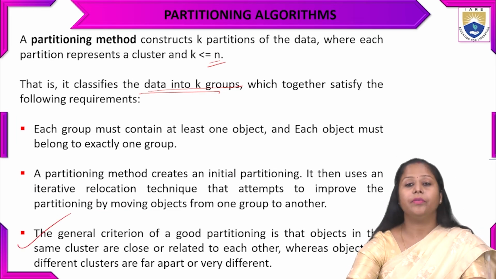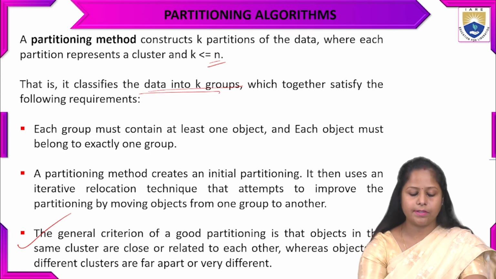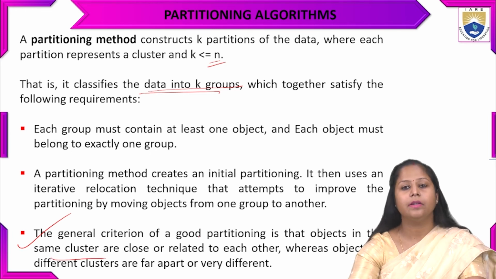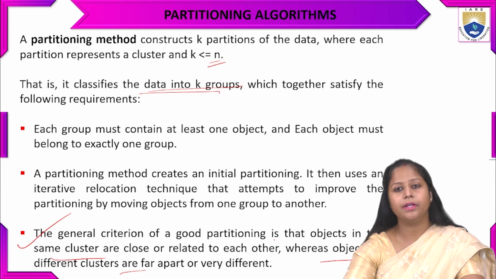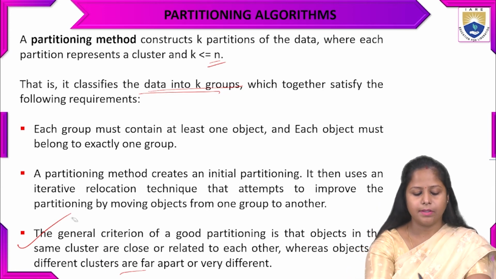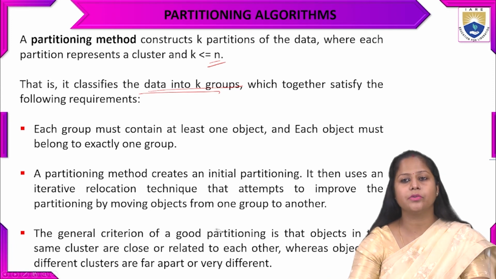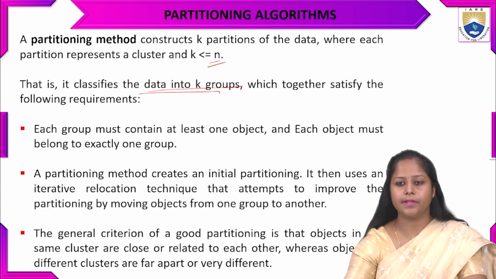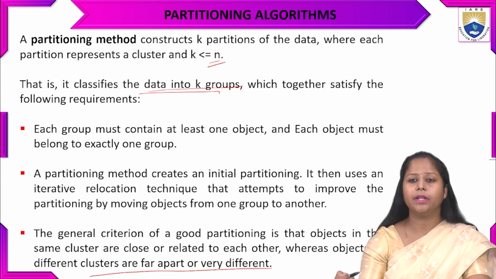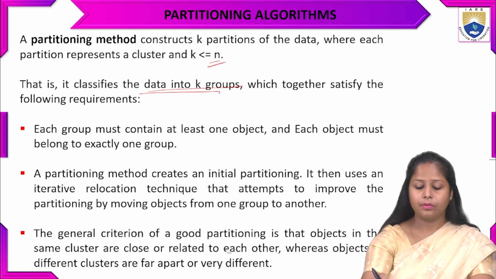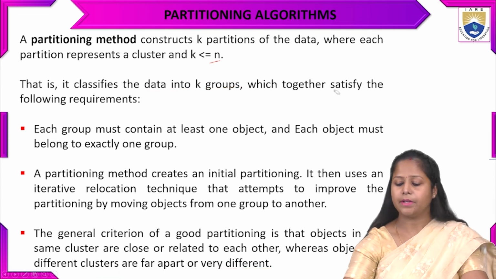The general criterion of a good partitioning is that the objects in the same cluster are close, are related to each other, whereas the objects of different clusters are far apart, very, very different. So that is obvious. In the cluster, the objects should be similar, then only that will be a good partitioning of the cluster. In dissimilar clusters, the data objects will be very, very different, right? So on the basis of that, we need to partition the data.